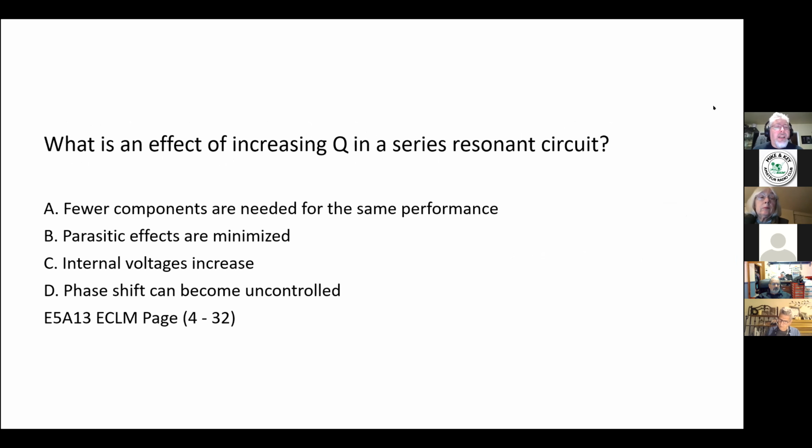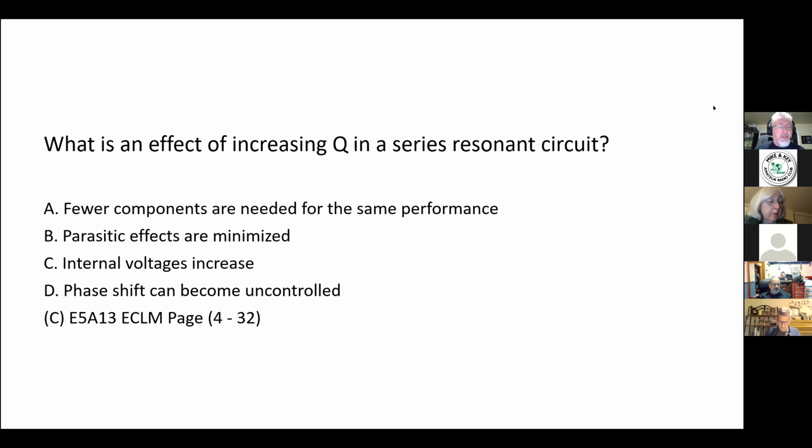What is an effect of increasing the Q in a series resonant circuit? A, fewer components are needed for the same performance. B, parasitic effects are minimized. C, internal voltages increased. Or D, the phase shift can become uncontrolled.